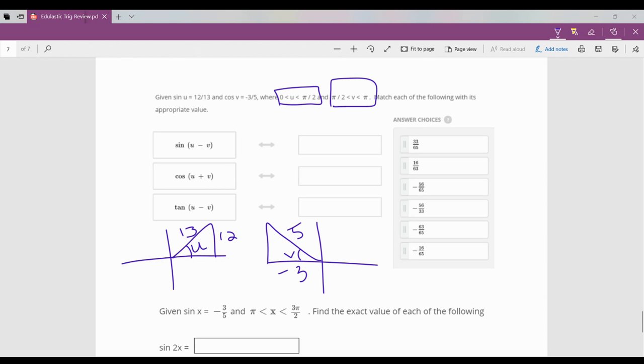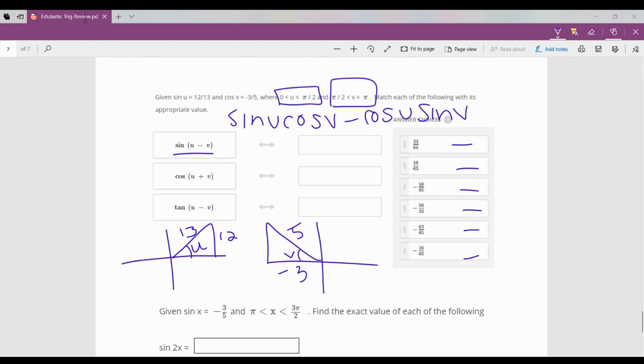Okay, so then once again, we have to use the sum and difference rules. So let's just take the first one here. Sine of U minus V. So if it's sine of U minus V, we're going to be doing sine of U cosine V minus cosine U sine of V. Okay, so I'm going to have to go ahead and evaluate and find each of these, plug them in, and then it's going to be one of these answers here once I subtract that.